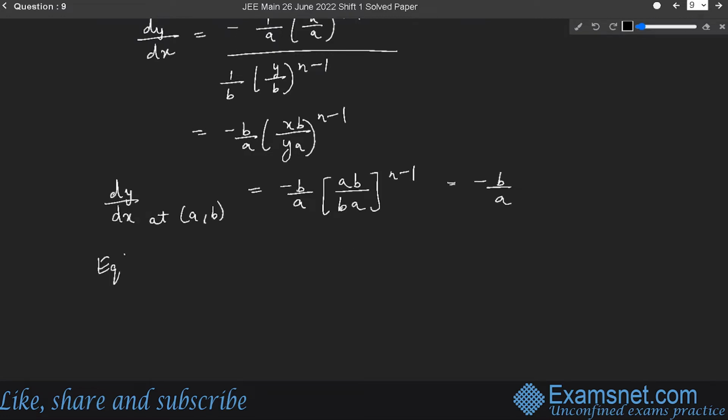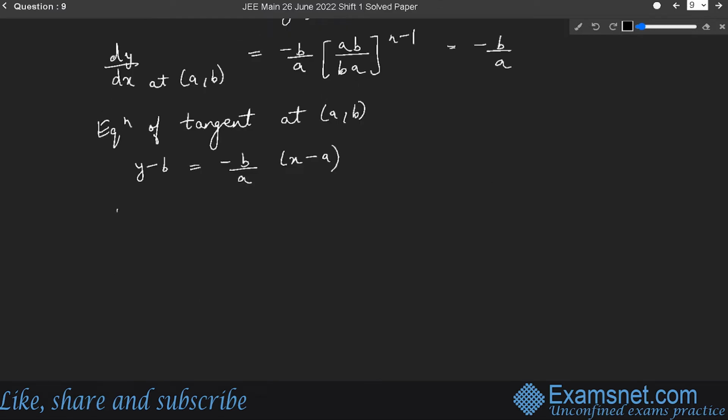Therefore, the equation of tangent at (a, b) will be y minus b is equal to minus b upon a into (x minus a). Further, this can be (y minus b) divided by b is equal to minus of (x minus a) divided by a.